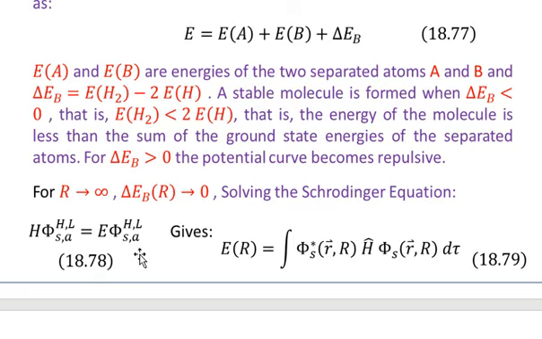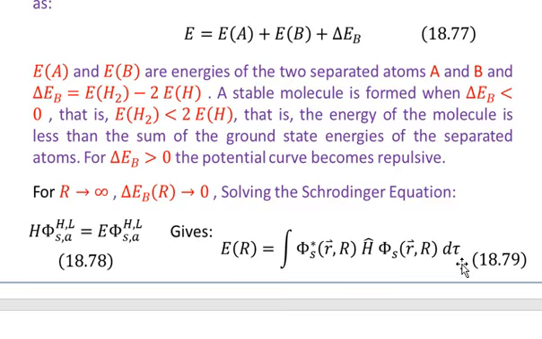When you solve this, you will get the energy as a function of R equal to the integral of the conjugate of the symmetric wave function phi s as a function of r and capital R, times the Hamiltonian I have shown in this equation, times phi s as a function of r and capital R, integrated with respect to d tau.